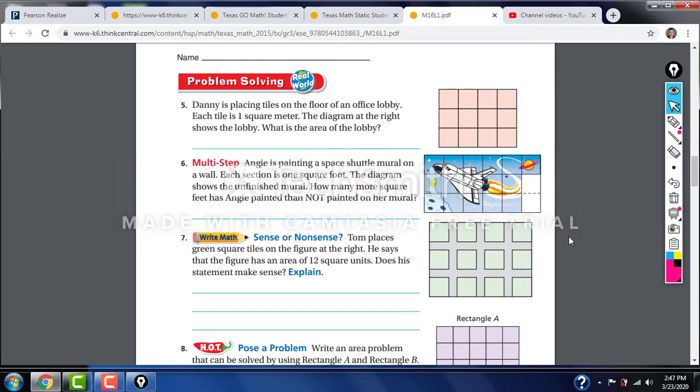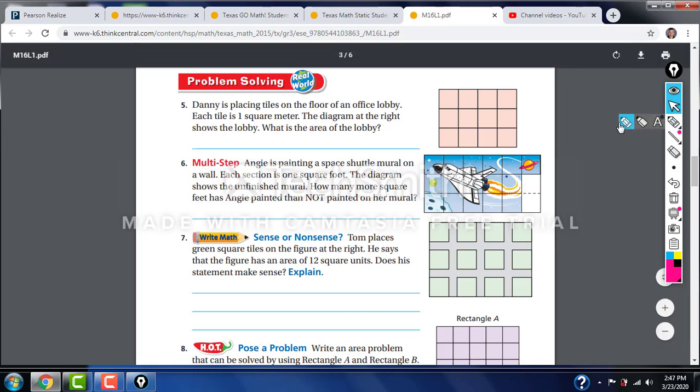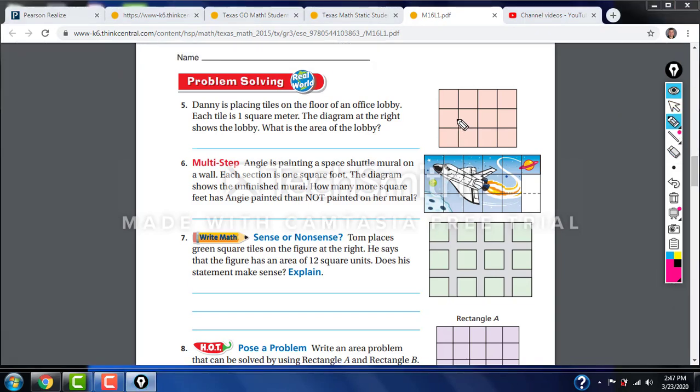Okay, let's look at a problem solving question here. Danny's placing tiles on the floor of an office lobby. Each tile is 1 square meter. The diagram at the right shows the lobby. What is the area? We can do it 2 ways. We can count all the tiles, but we can do it the smart way, and we just use the formula length. So your length is 1, 2, 3, 4 times width. 1, 2, 3.